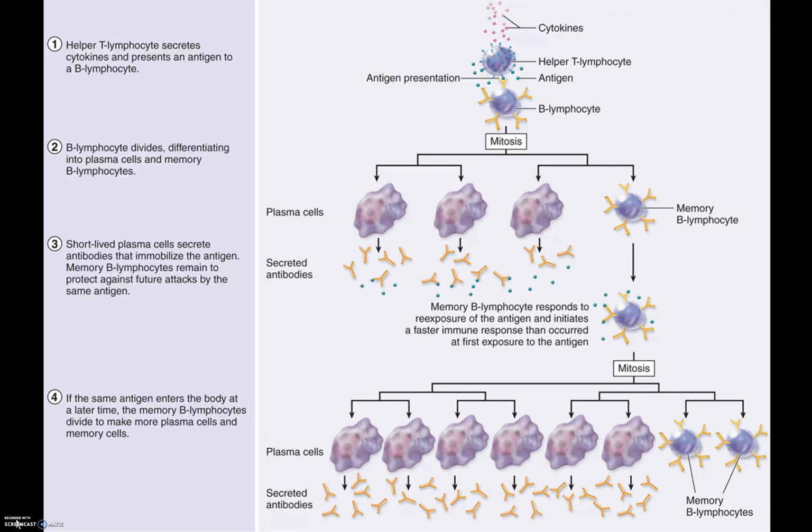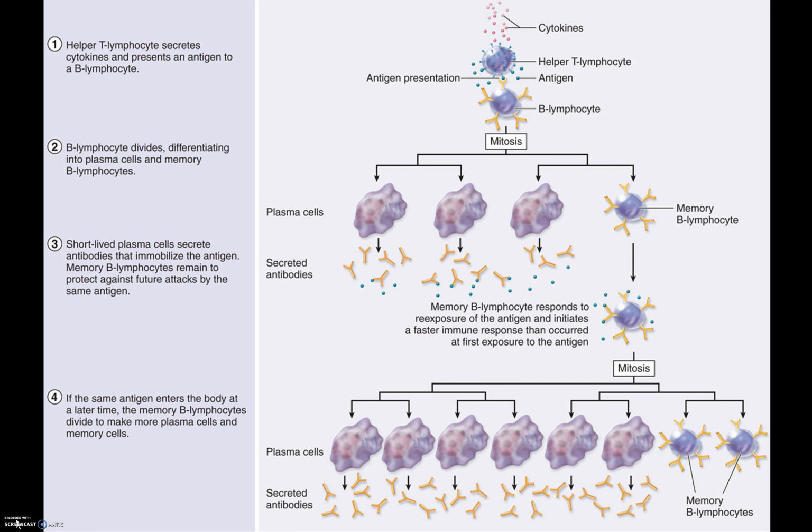Okay, now let's take a look here. On the top, we see a helper T lymphocyte, and the helper T lymphocyte finds some antigen. The antigens are denoted by the green balls here. As soon as the helper T lymphocyte finds the antigens, it starts producing cytokines and activates the B lymphocytes.